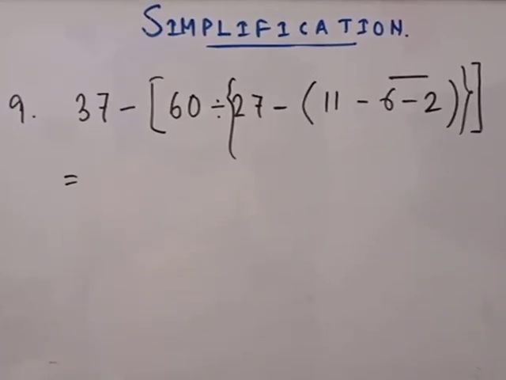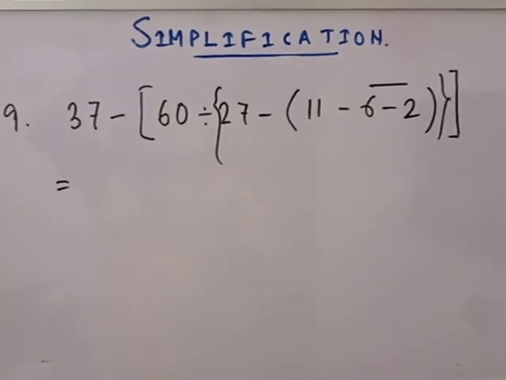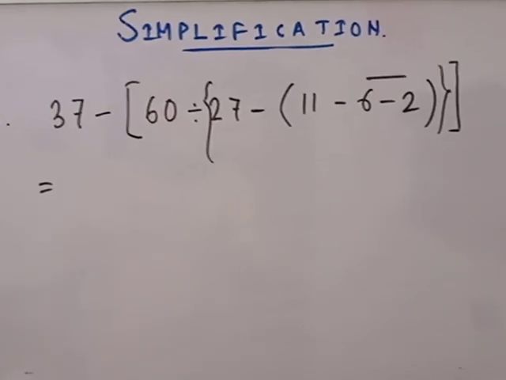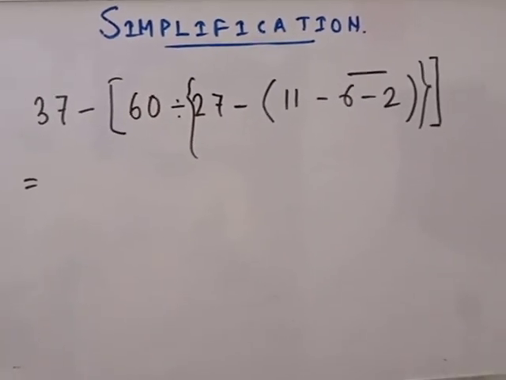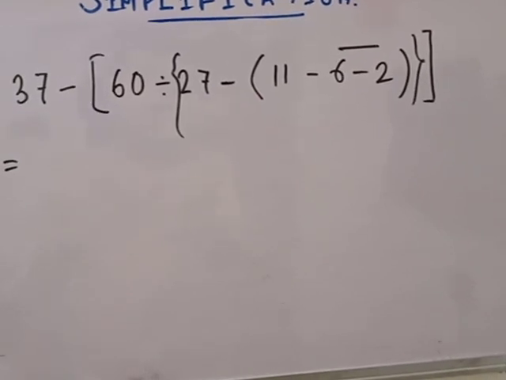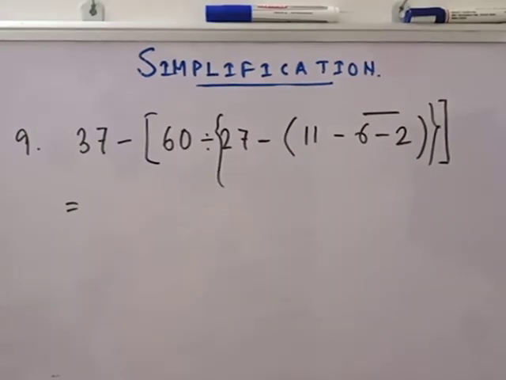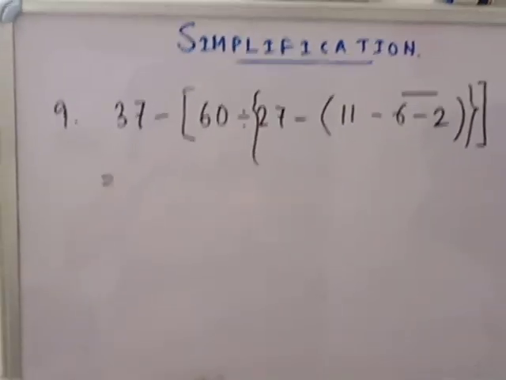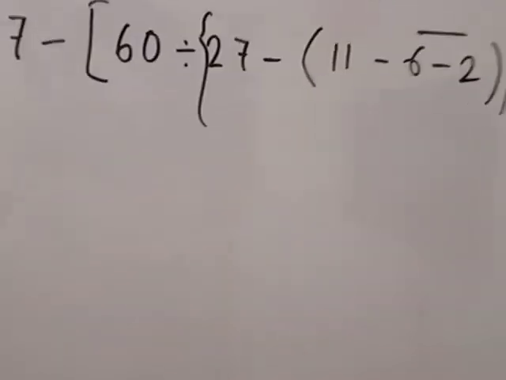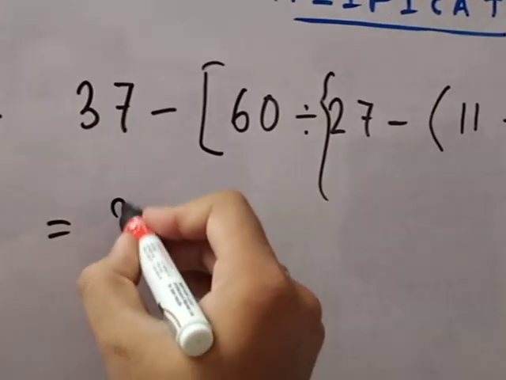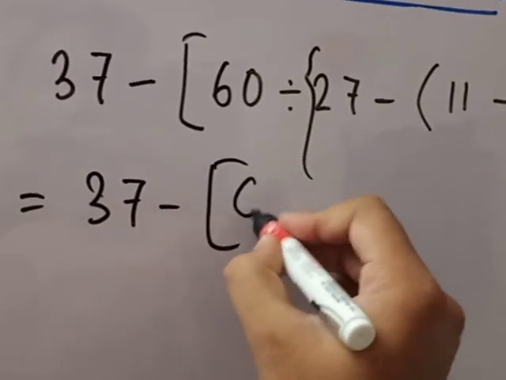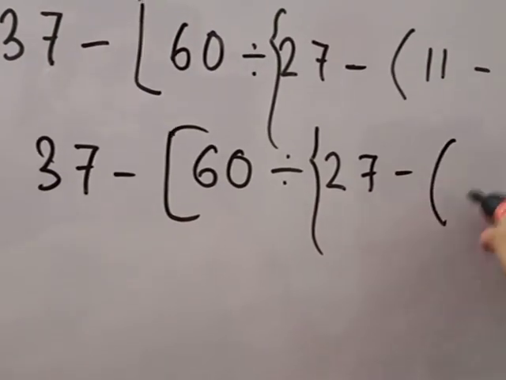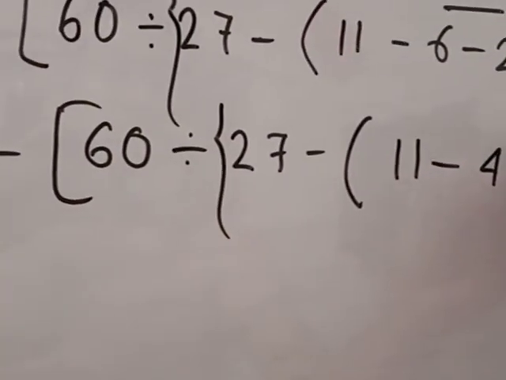Number 9: 37 minus, third bracket open, 60 divided by, second bracket open, 27 minus, first bracket open, 11 minus bar 6 minus 2, first bracket close, second bracket close, and third bracket close. Firstly we are doing the work for the bar. So 37 minus 60 divided by 27 minus 11 minus 4.